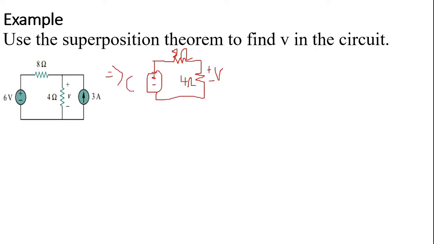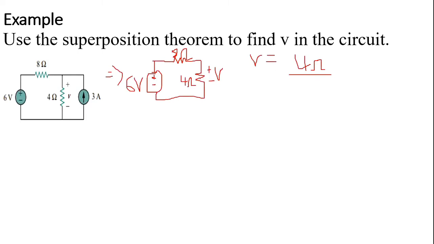That is, the voltage drop across the 4 ohm resistance, using the voltage division method. Since this is a series circuit, the voltage is divided across each series resistance.